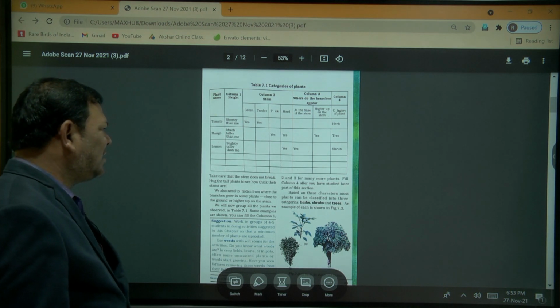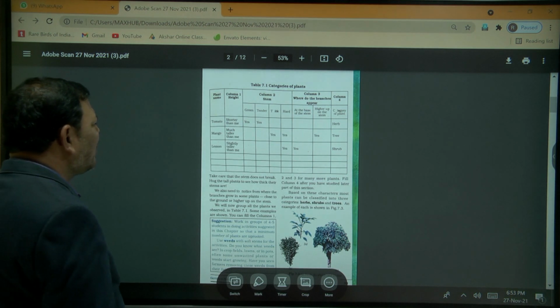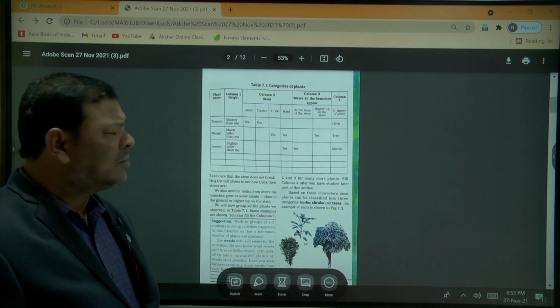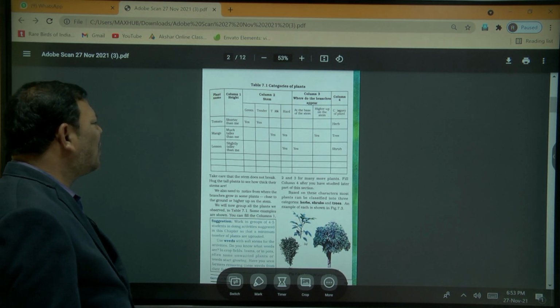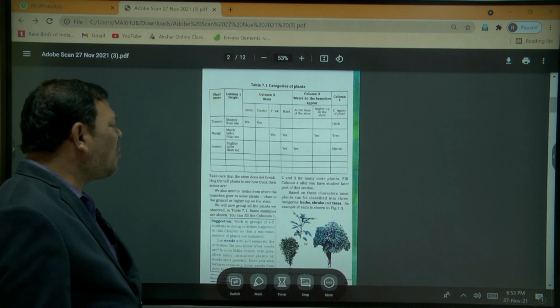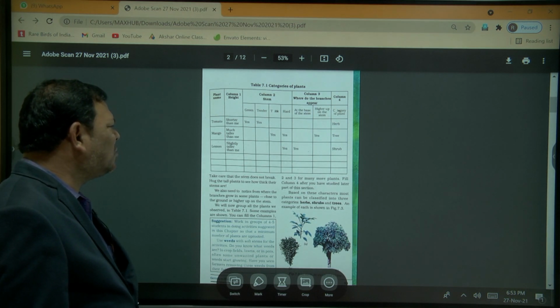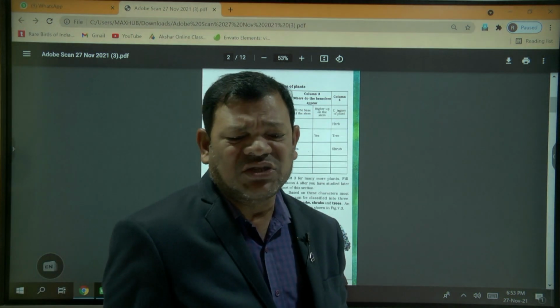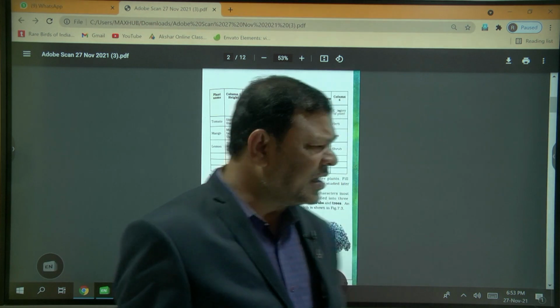Next, the second one is the mango plant. You know very well, the mango plant is much taller than me. Every mango plant is much taller than you. Yes or no? Height.